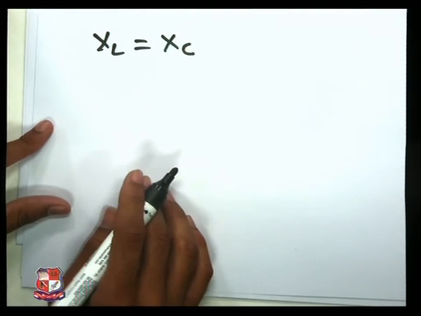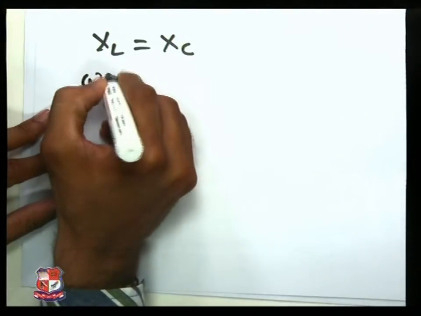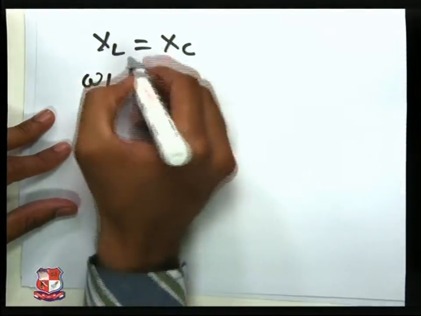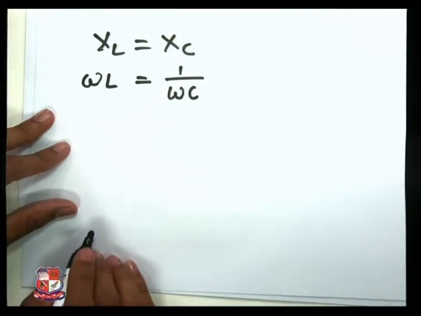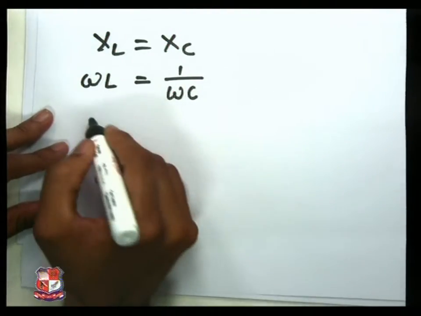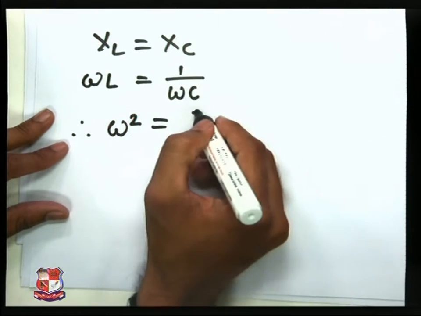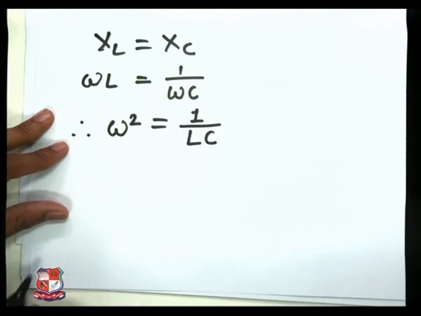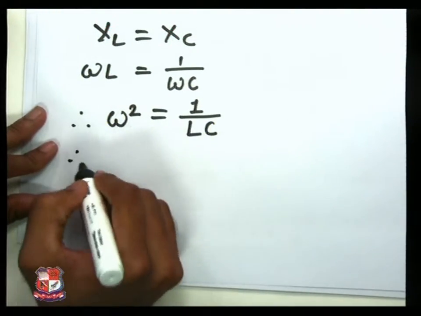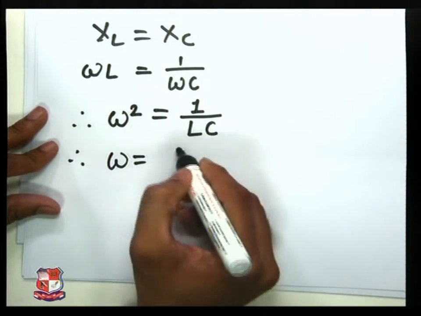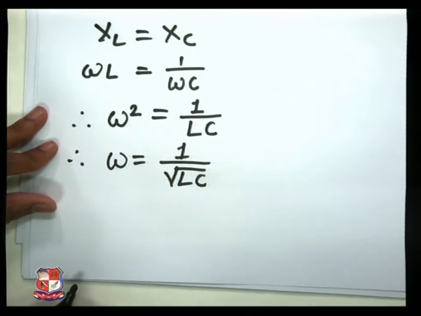Now put the values of XL and XC, and I get omega L equal to 1 upon omega C. Taking omega to the other side, it becomes omega square equal to 1 upon LC. Now taking the square root on both sides, omega equals 1 upon root LC.